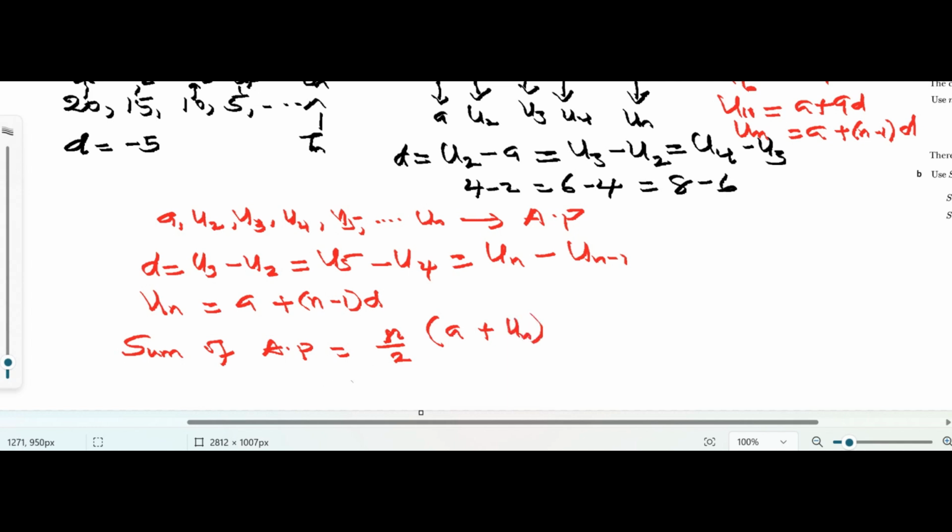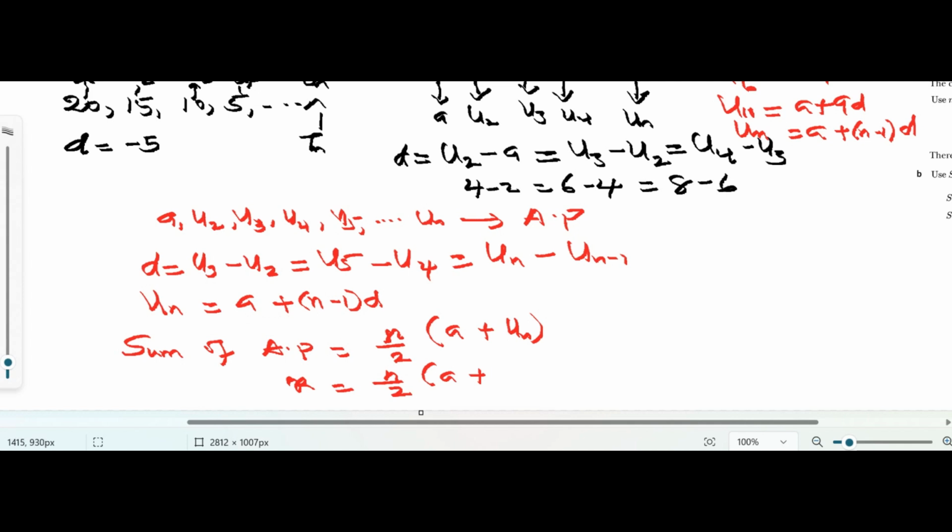In a situation when you don't know the last term but you know the common difference, you can also have the sum to be n over 2 the first term plus the formula for this.